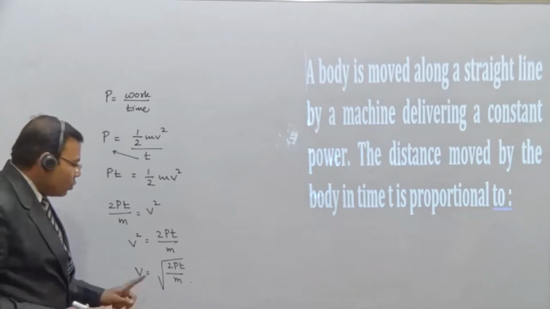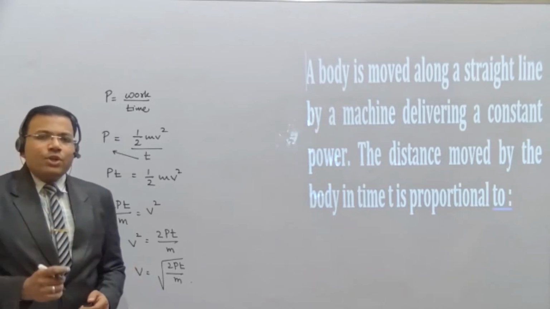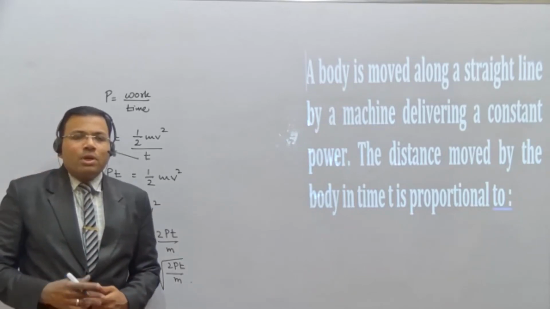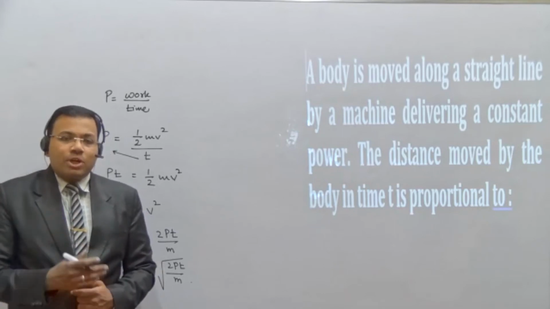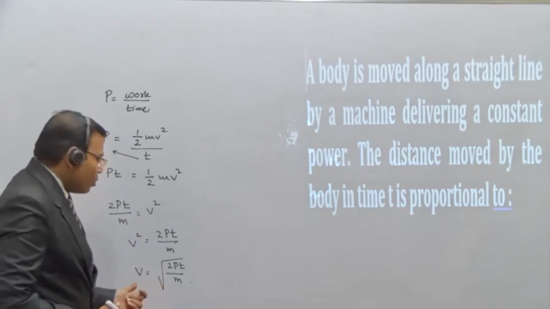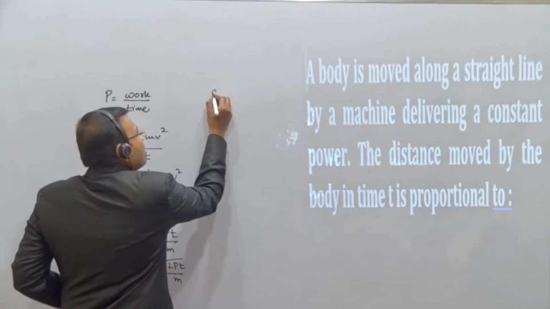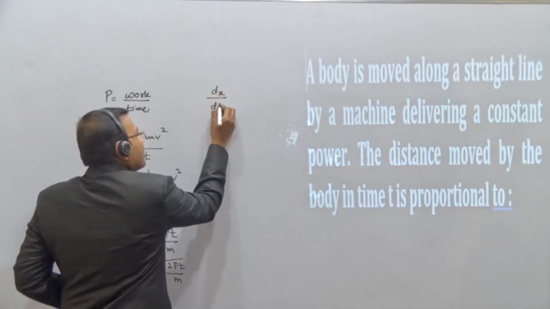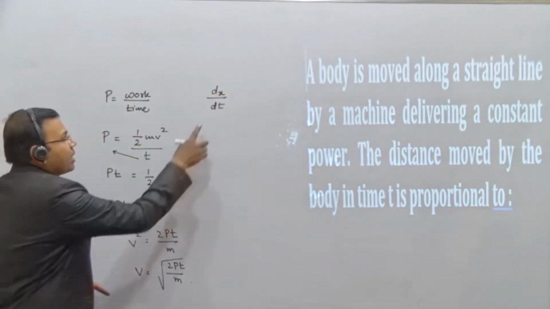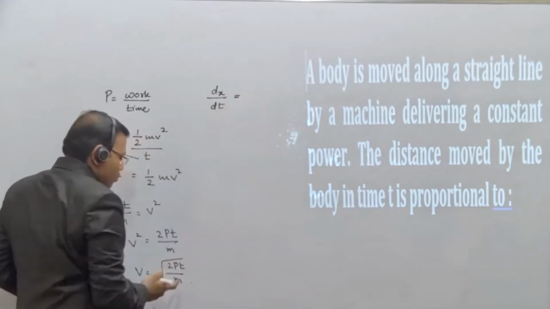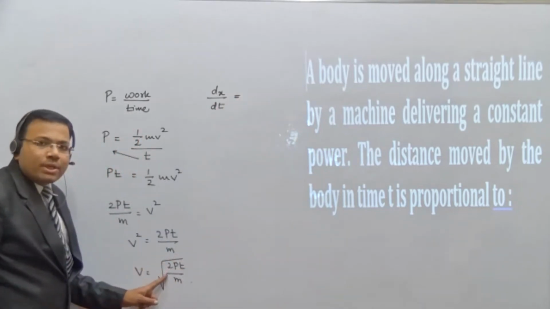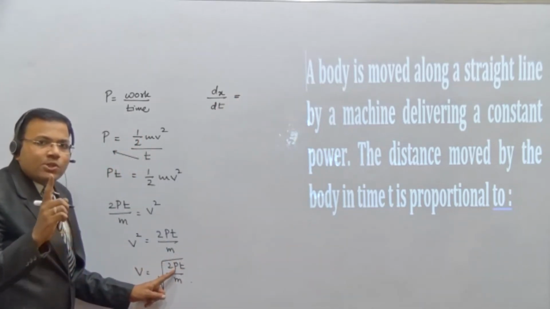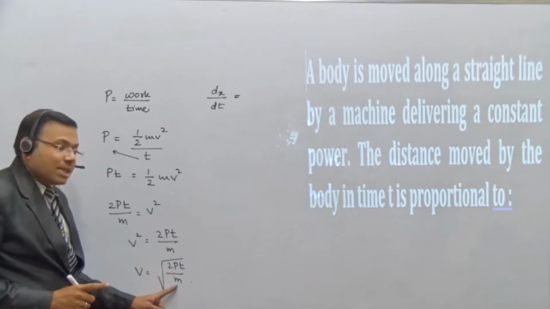So this is the velocity, and we know velocity is the rate of change of displacement. So I will take dx by dt in place of v, which is equal to, pay attention, 2 is constant. As per the question, power is also constant and mass is constant.